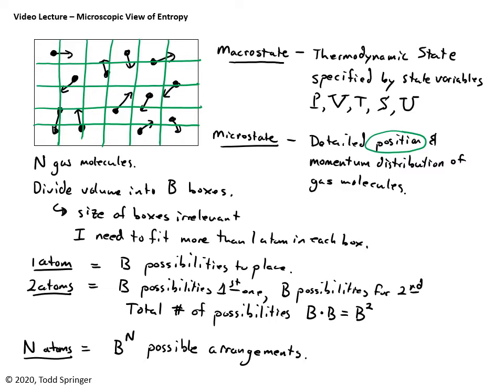And let me write this now. B is going to be the total volume divided by the volume of a box, to the power n.